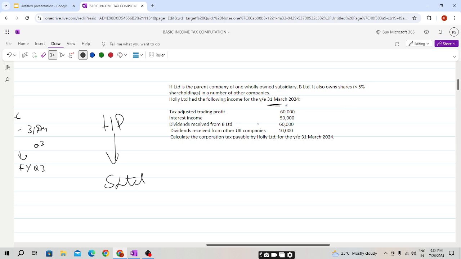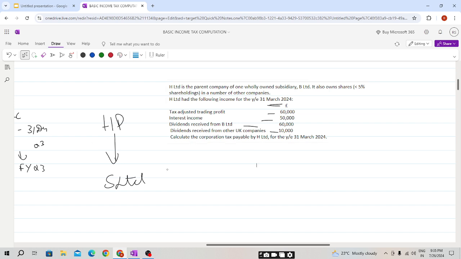So the tax adjusted trading profits are 60,000, interest income of 50,000, dividend received from B Limited, and dividend received from other UK companies. Calculate the corporation tax liability payable by H Limited.